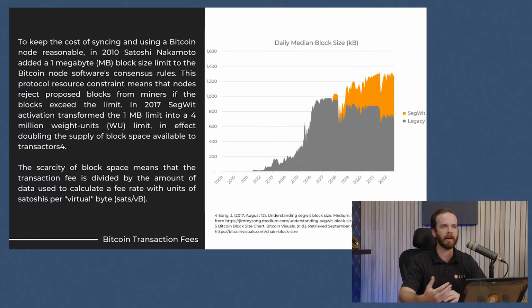Let's say it's a gigabyte. And it's so big that anybody who's running a Bitcoin node on their laptop at home or on a server even, perhaps the size of that block would overwhelm the resources of their computer and cause their node software to crash and knock them off the network.